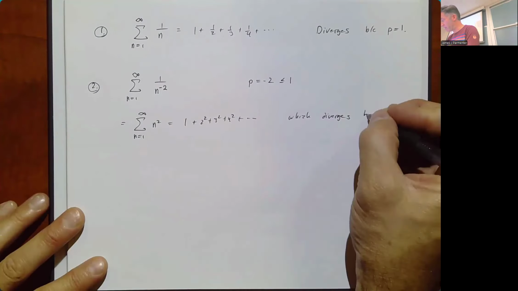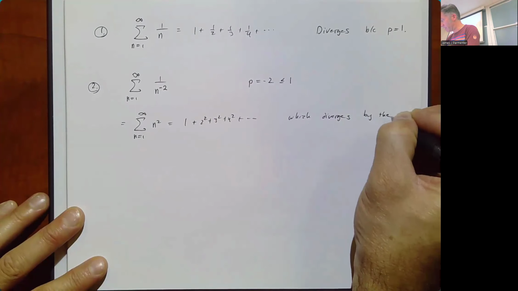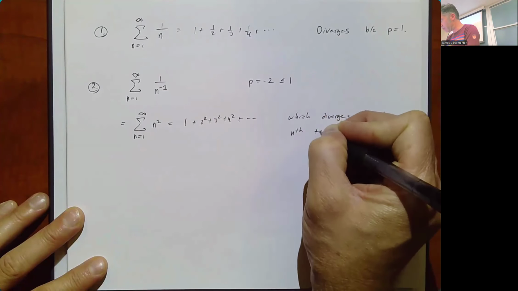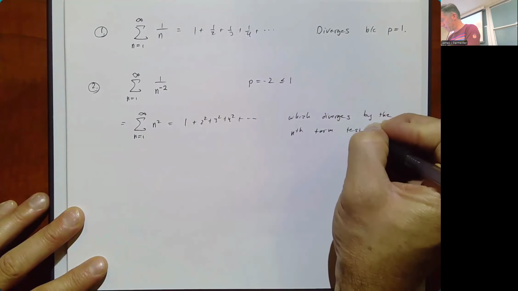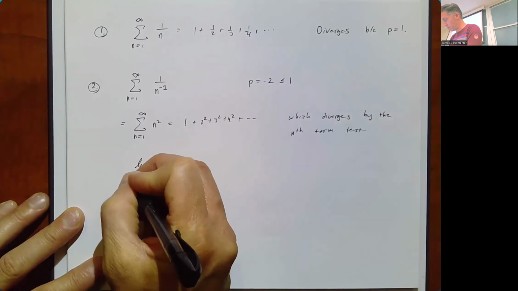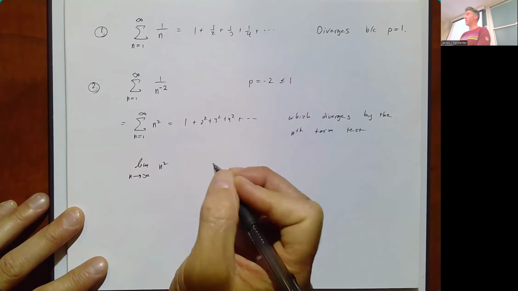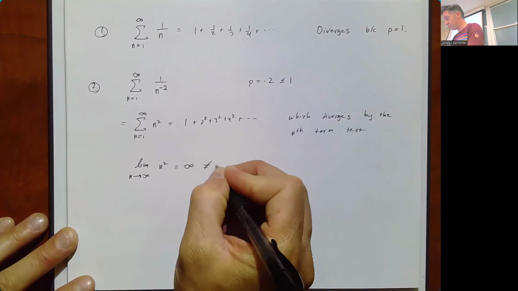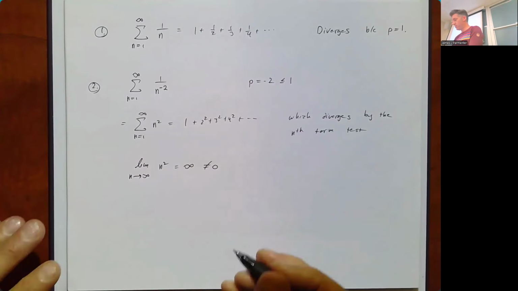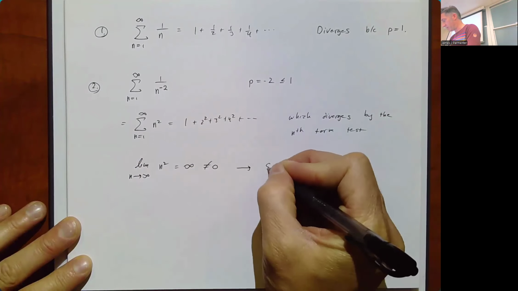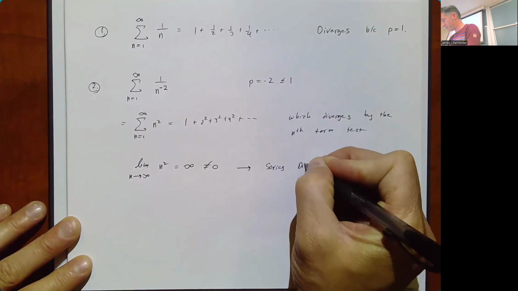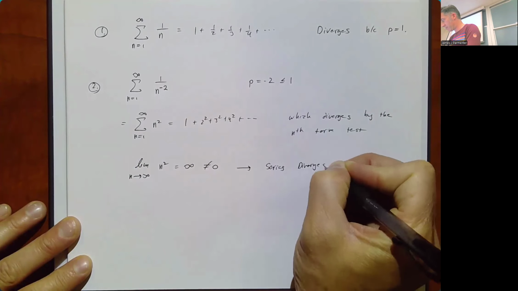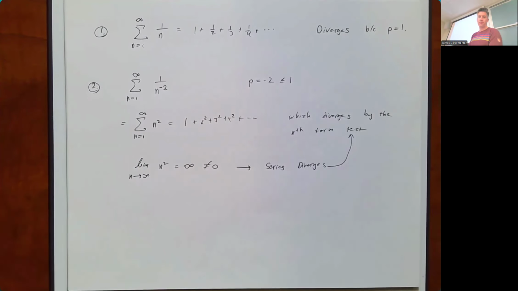Because the limit as n goes to infinity of n squared is certainly not 0. It's actually infinity. But that limit being not 0 means that the series diverges by the nth term test.